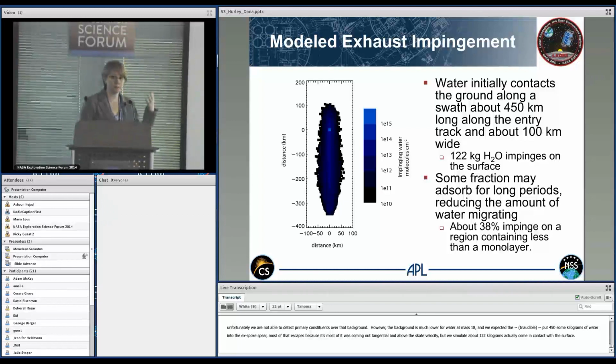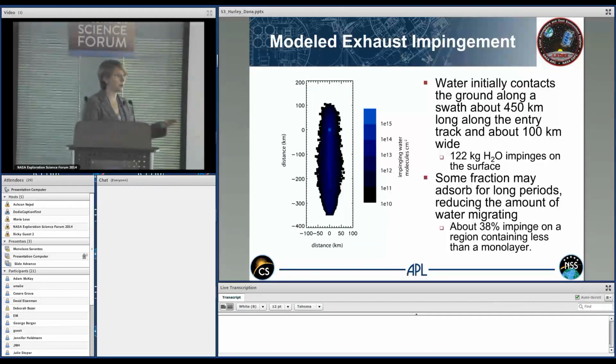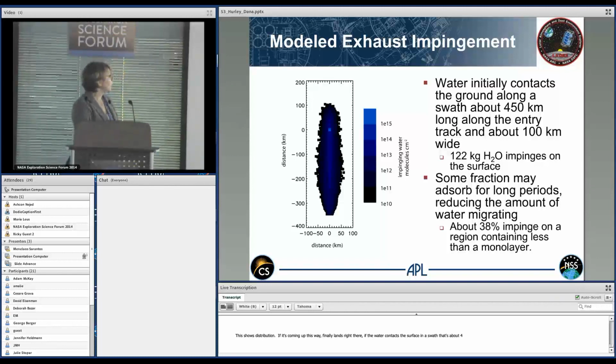So this is how the model shows the distribution of where that water initially impinges on the surface, where if Chang'e-3 is coming up this way and finally lands right there, that water contacts the surface in a swath that's about 450 kilometers long and about 100 kilometers wide.